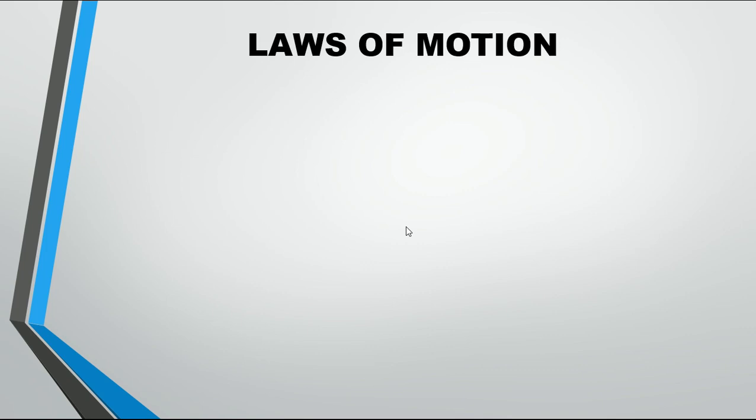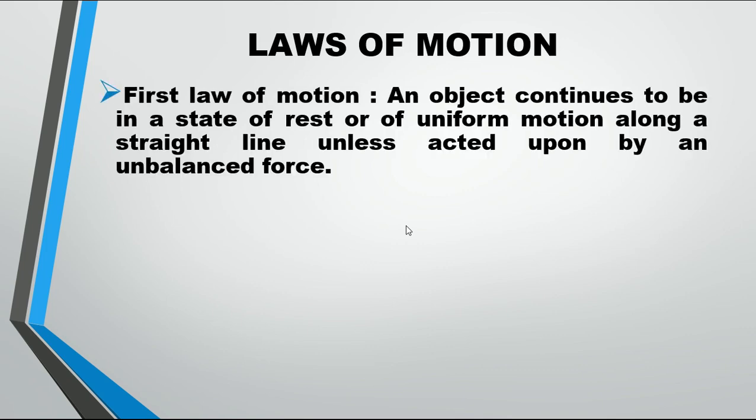The first law of motion, what was that? An object continues to be in a state of rest or of uniform motion along a straight line unless acted upon by an unbalanced force. You have studied about balanced forces and unbalanced forces.